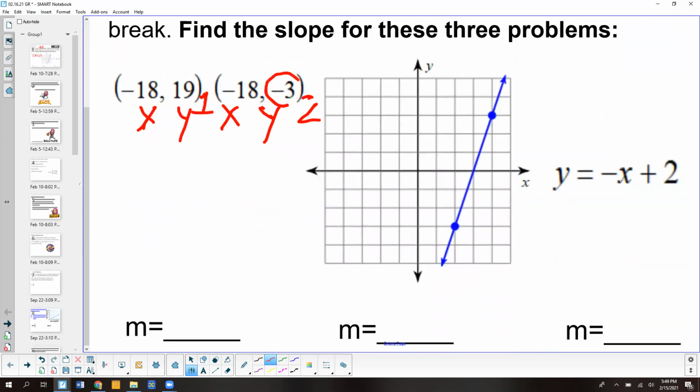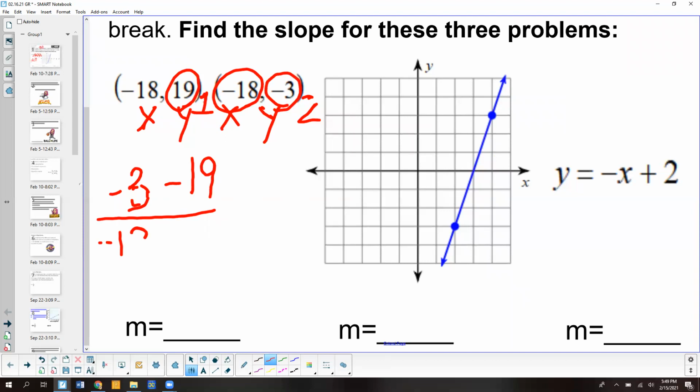Y2 is going to be -3, so I'm going to have -3 minus y1, 19, divided by x2, -18, minus x1, which is our -18.